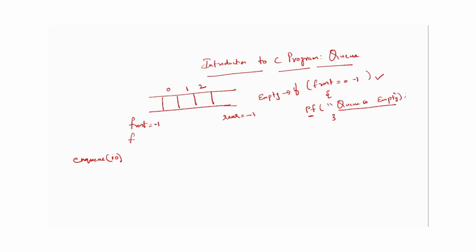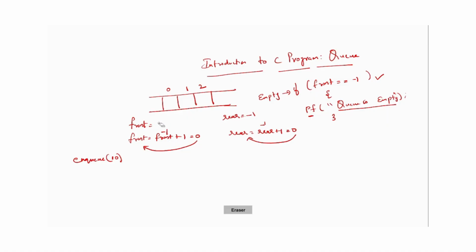When I say front plus plus, it is nothing but front equal to front plus 1, where front is -1 now. So -1 plus 1 is equal to 0. And I will also say rear equal to rear plus 1, where rear equal to -1. So -1 plus 1 is equal to 0. So now, right hand side to left hand side, front is 0 and rear is 0.